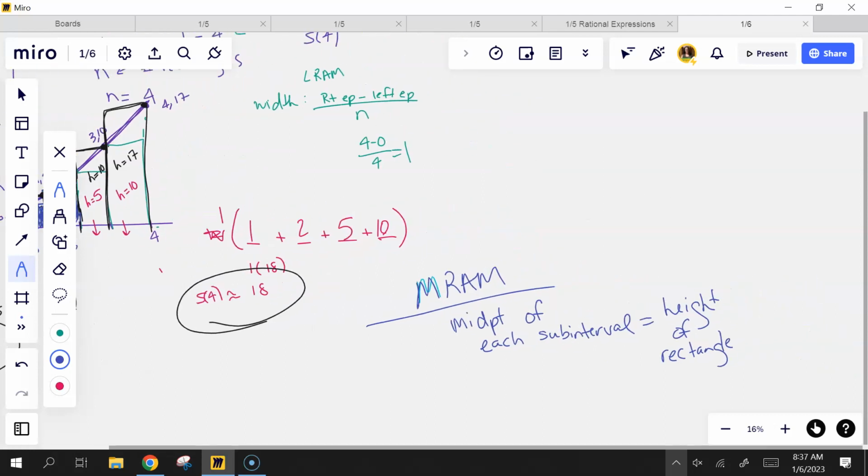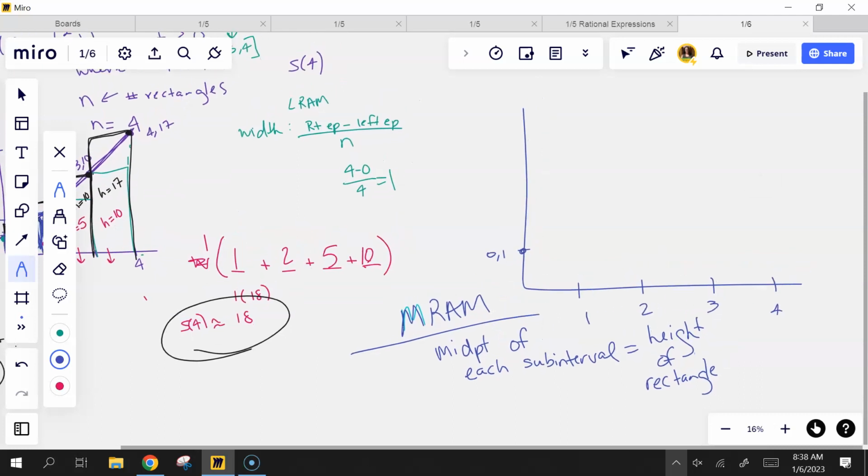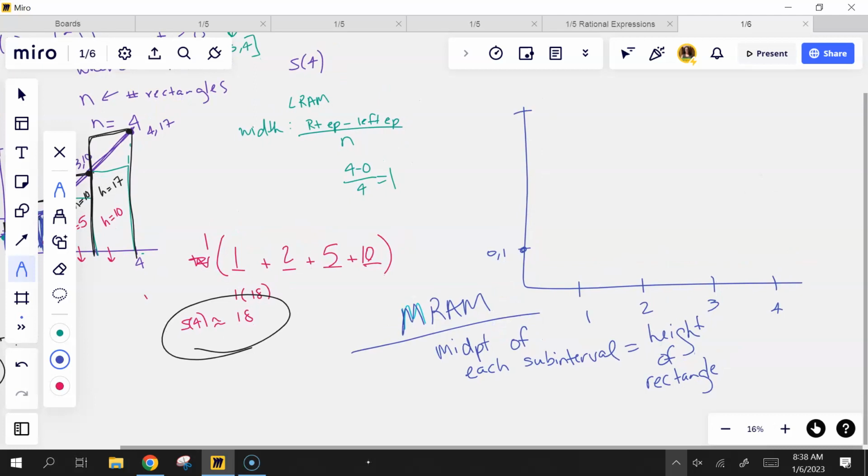Okay, let me draw it over here. So yep. All right, so I got, this is 0, 1. 1, 2, 3. All right, 1, this went up to 17. It wasn't accurate at all. 417.